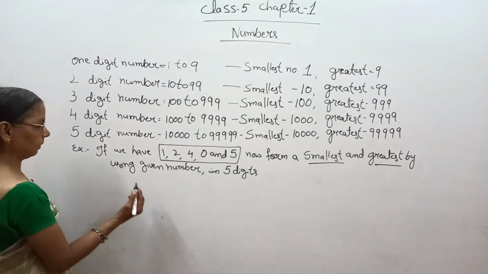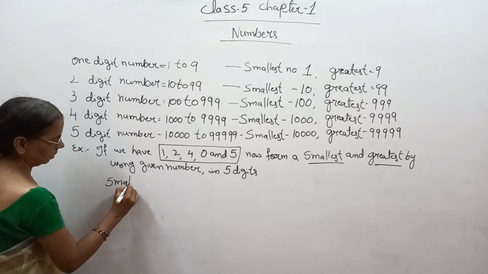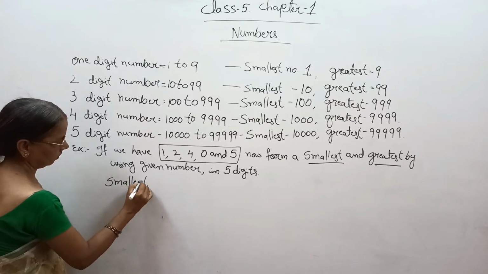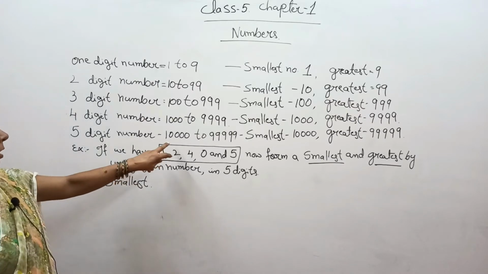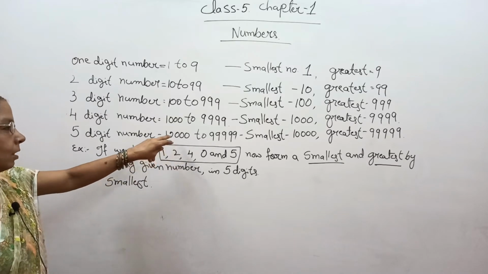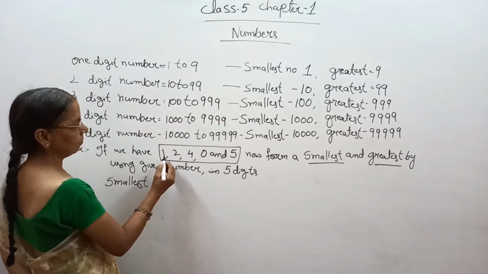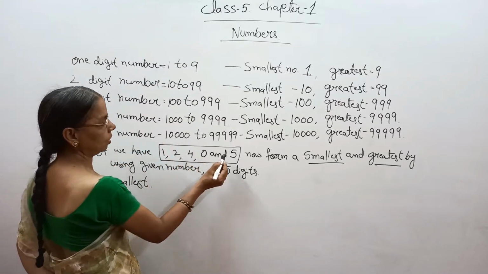First of all, we go for the smallest number. As we all know, the smallest 5 digit number is 10,000. On this basis, first we take the numbers 1, 2, 4, 0 and 5.